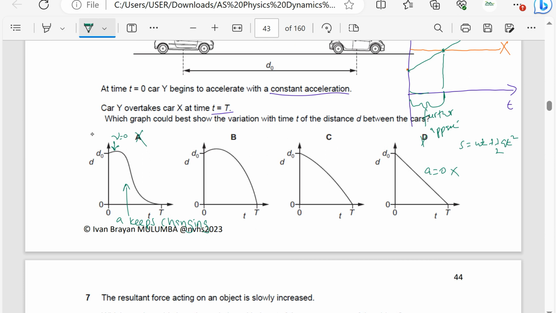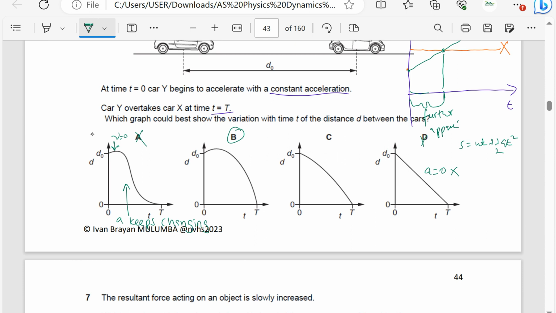So the answer here is going to be B, because since v could initially be less than u, the cars must initially get further apart until v is equal to u, then they tend to catch up.